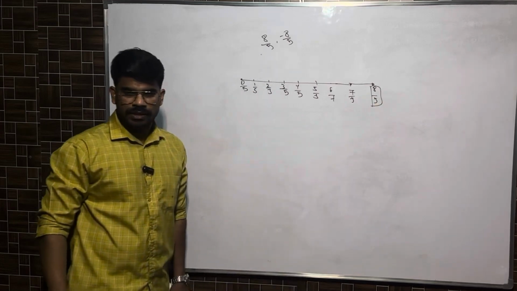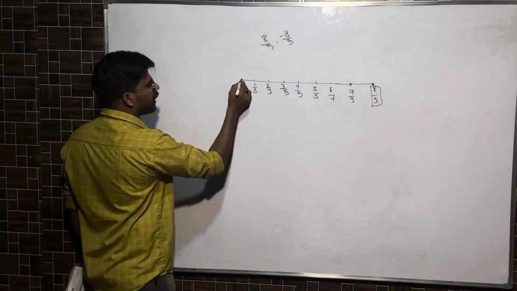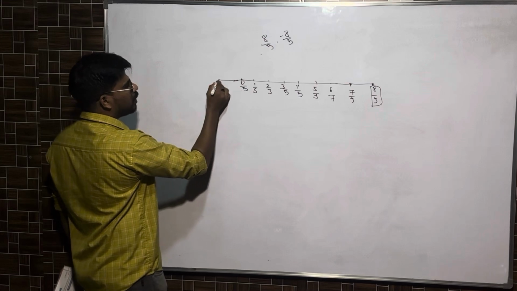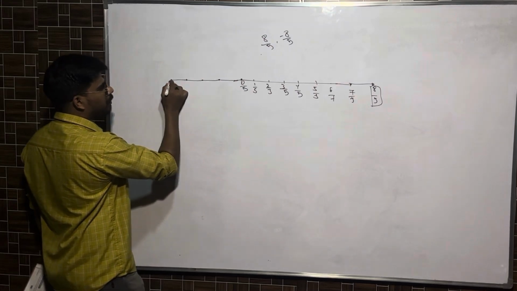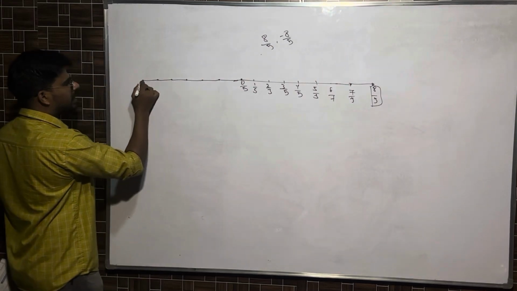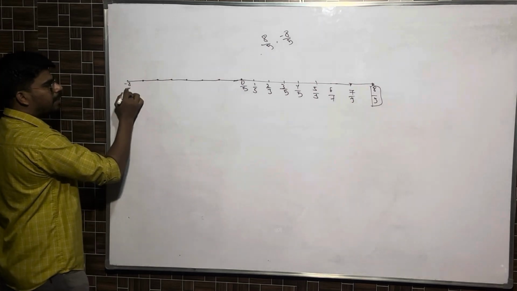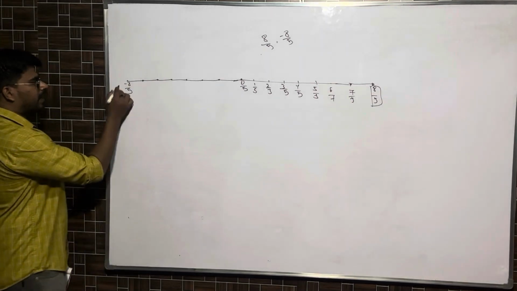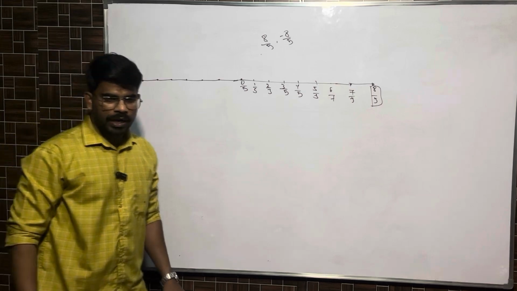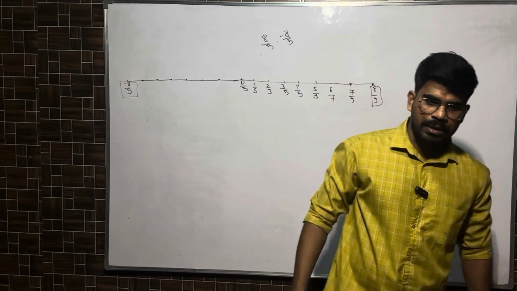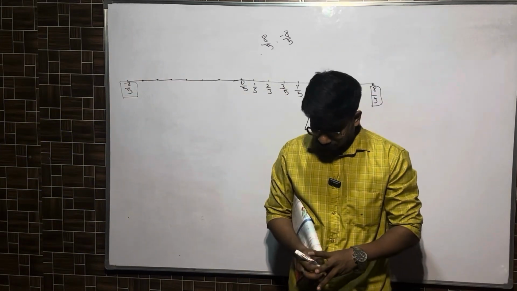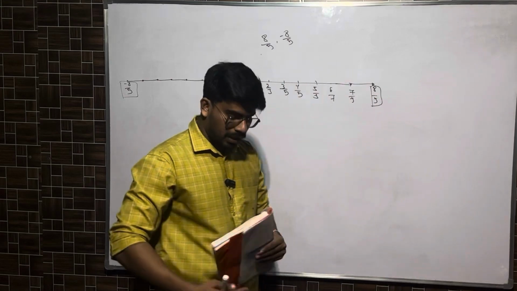Here you have to encircle this, representing it on the number line. Same goes for negative: minus 1 by 5, minus 2 by 5, minus 3 by 5, minus 4 by 5, minus 5 by 5, minus 6 by 5, minus 7 by 5, minus 8 by 5. Minus 8 by 5, and represent this on the number line. So representing the given information on the number line is one of the important questions for 2 marks that you can expect from real numbers.